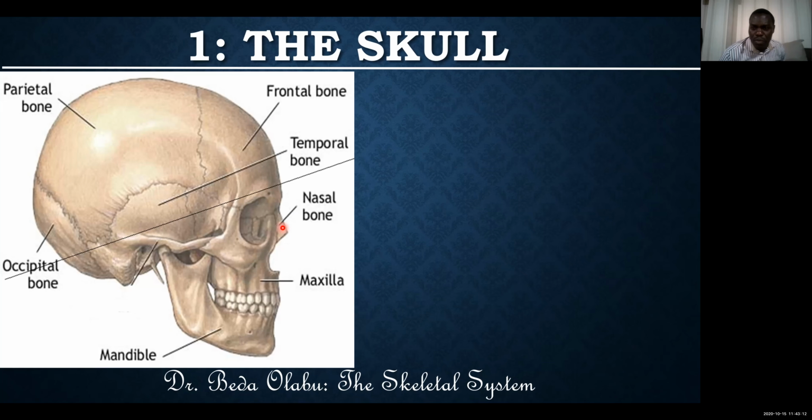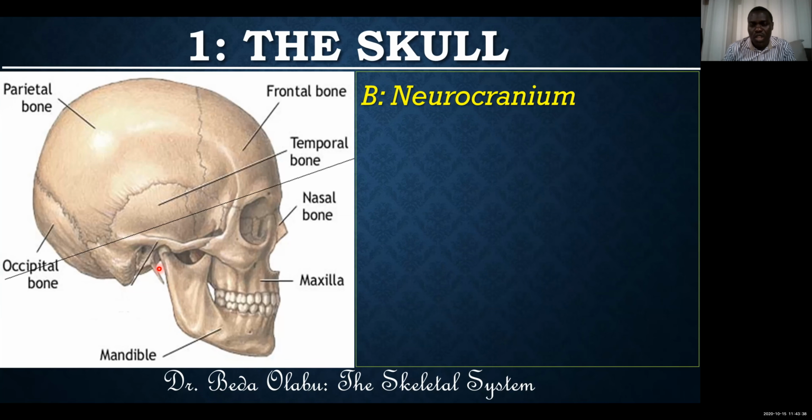Apart from bones of the face, the other category of bones of the skull are now the bones which house the brain. Remember, the brain is somewhere here. So the bones that house the brain, that region I am encircling, which we now call the neurocranium.